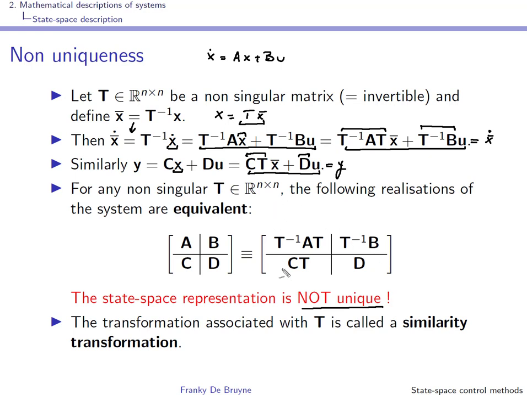By choosing a matrix T that is non-singular, and this type of matrix is called a similarity transformation, we can construct an infinite amount of realizations of the system.